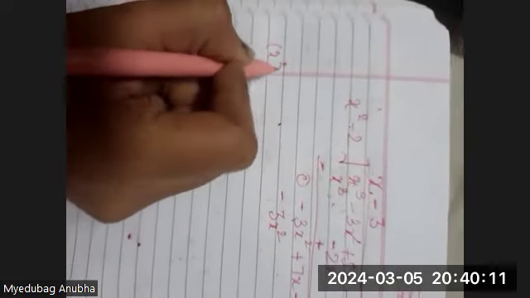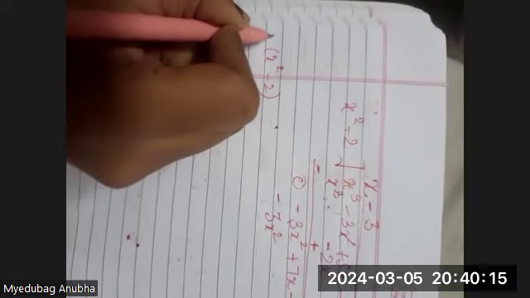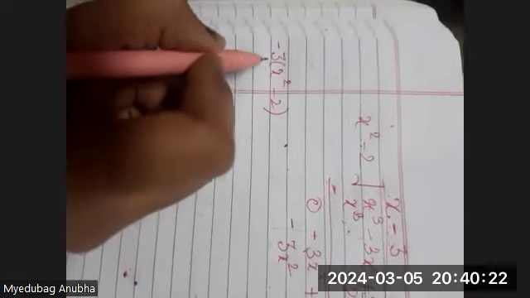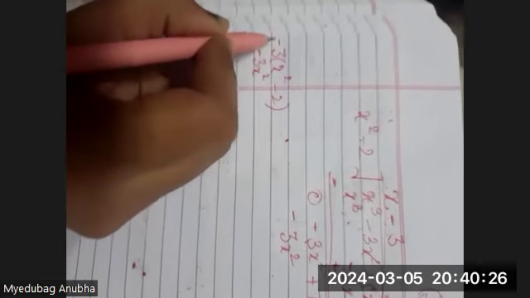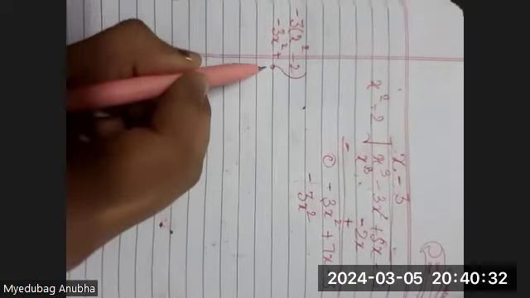This is your x square minus 2 and you have to multiply it by minus 3. If you are comfortable, in that case you can do the calculation on the left hand side. So this will be minus 3x square, and minus minus is plus, and 3 twos are 6. So this is minus 3x square plus 6.